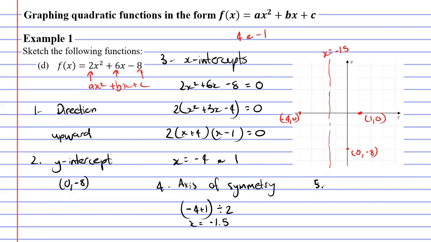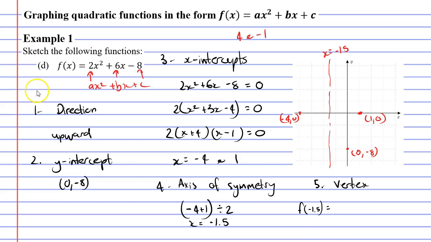The last thing we need to find is our vertex. To find the vertex, we simply take our x value from our axis of symmetry and substitute that into our function. So we're trying to find f of -1.5.